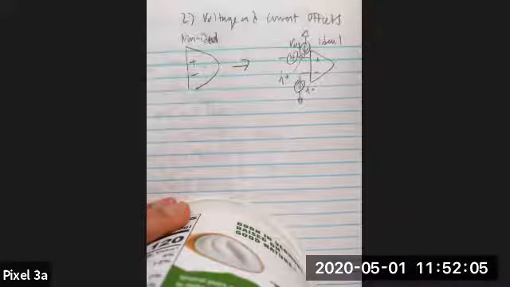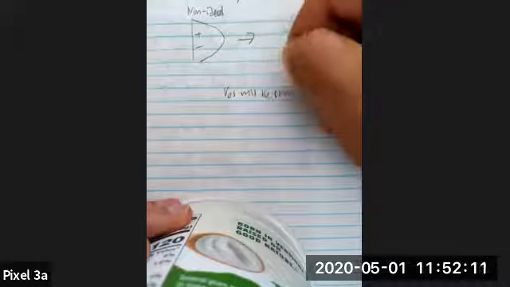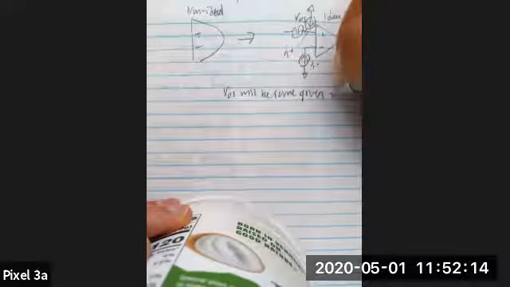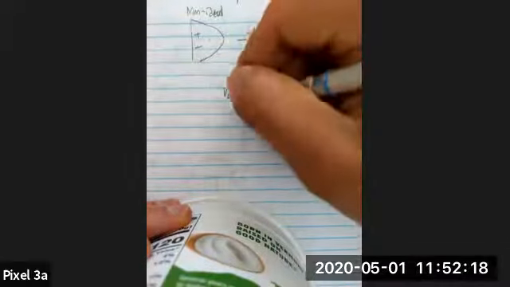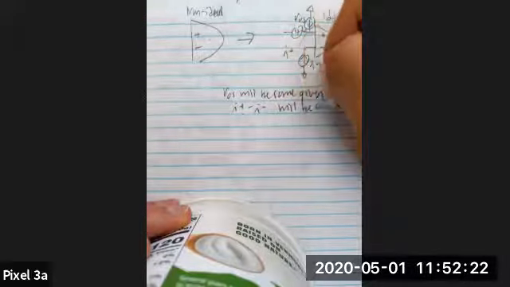And so typically how we specify these is that VOS will be some value, and then we'll usually give something like I plus minus I minus as some other value.